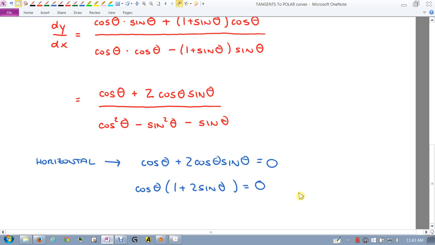And now you have to figure out where these two things are 0. So I'll have to do that on my next page. So I want to know where cosine theta equals 0. I want to know where 1 plus 2 sine theta is 0.